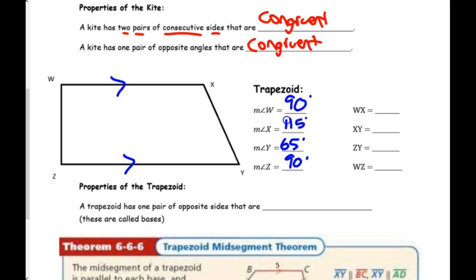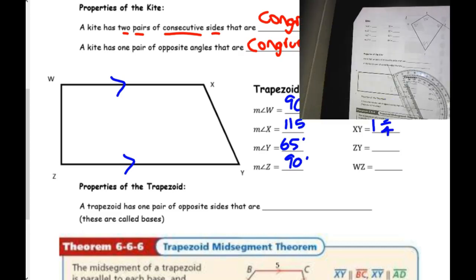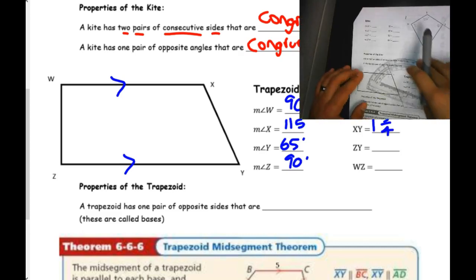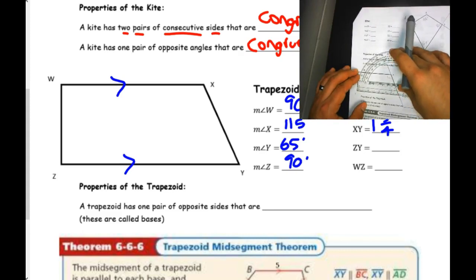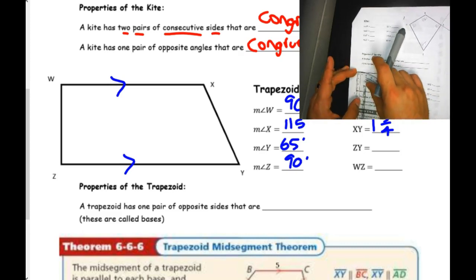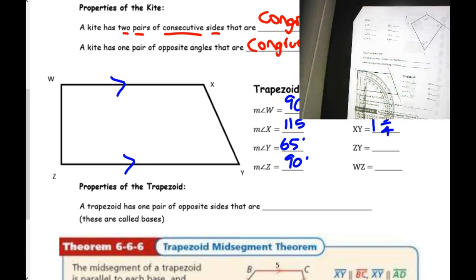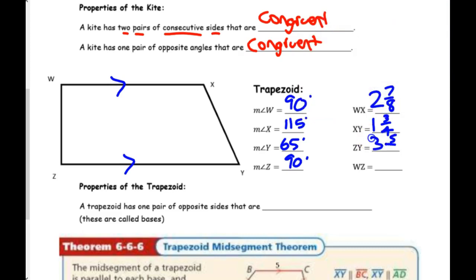XY is about 1 3/4. ZY is about 3 5/8. And then 1 1/2. So the measurements are all there.